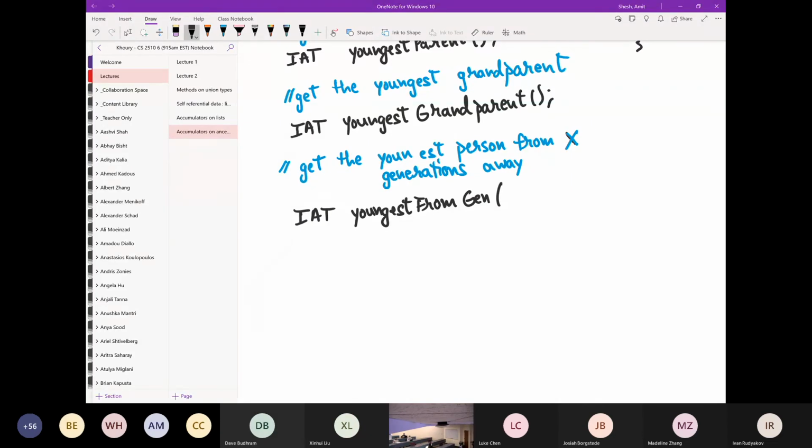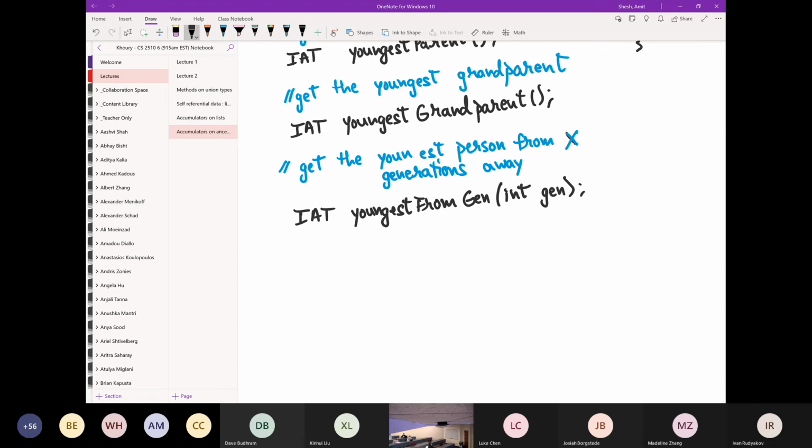Okay, so youngest from generation int Gen. I would like to get the youngest IAT from X generations away.